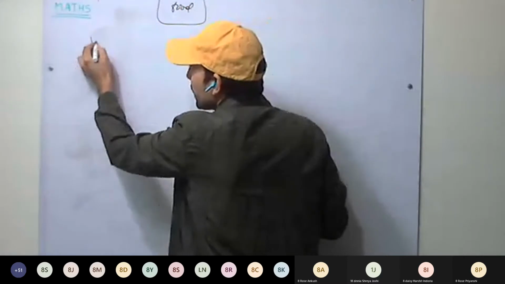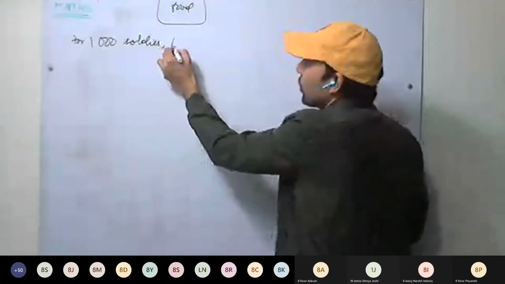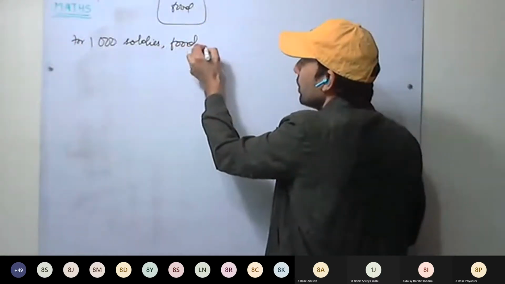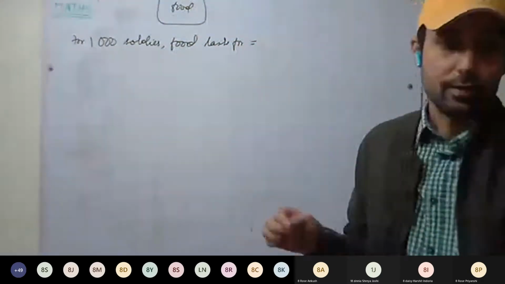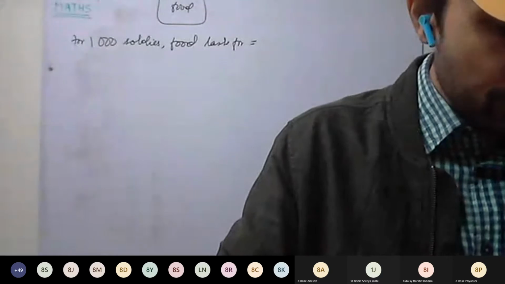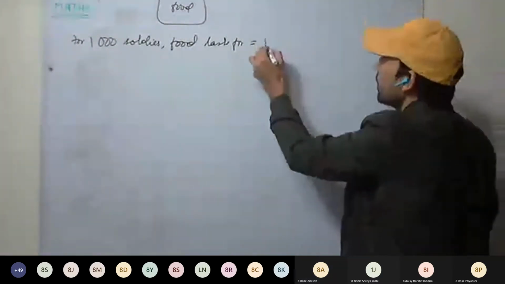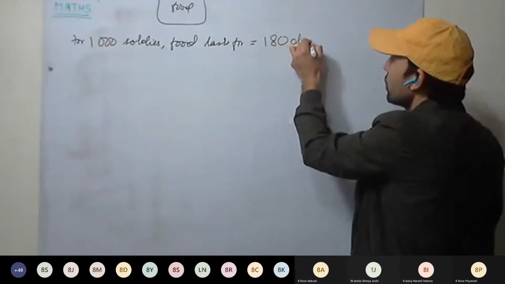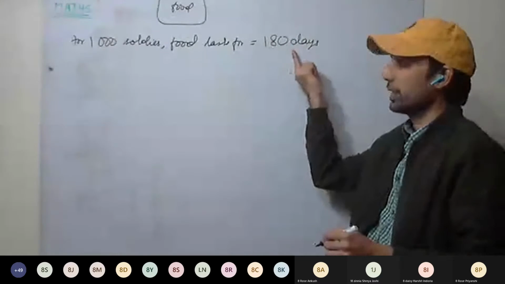If 1,000 soldiers are there, food lasts for how many days? 1,000 soldiers, food lasts for 180 days. Okay, 1,000 soldiers, food lasts for 180 days.